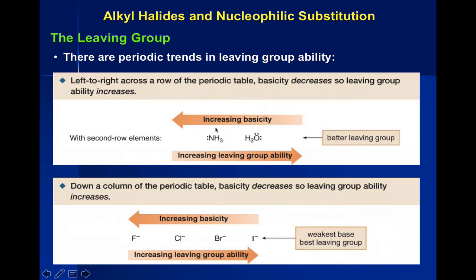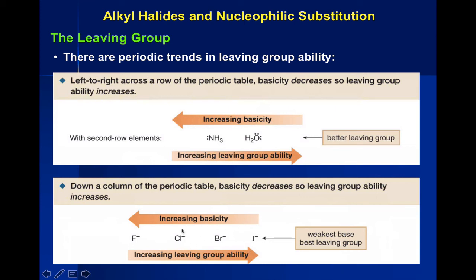So water is a better leaving group than ammonia. And so you can imagine that a halogen will be a better leaving group than an oxygen in some cases. And if you look at the halogens, we see that as we go down the periodic table in the halogen family, leaving groups get better.